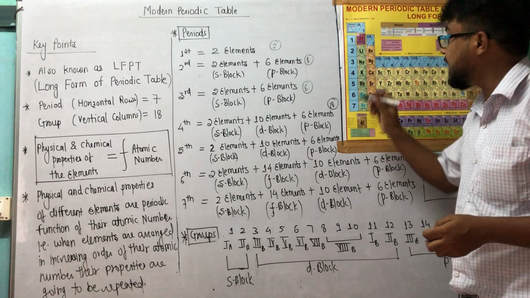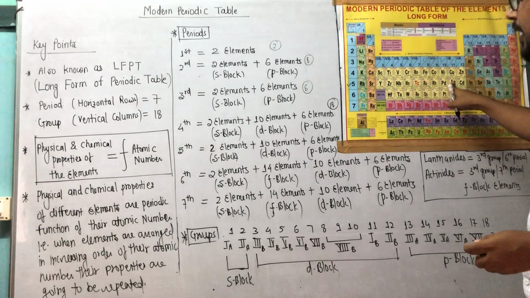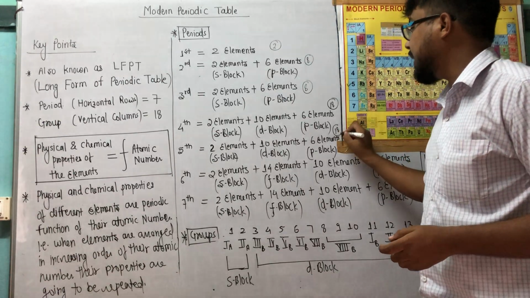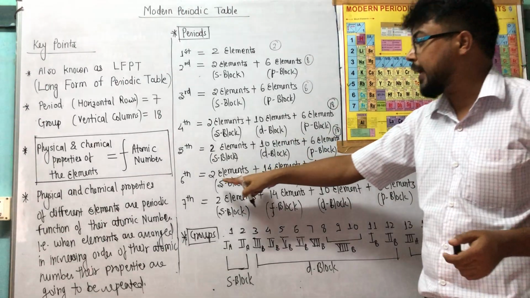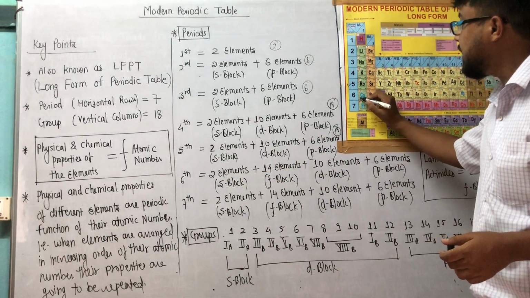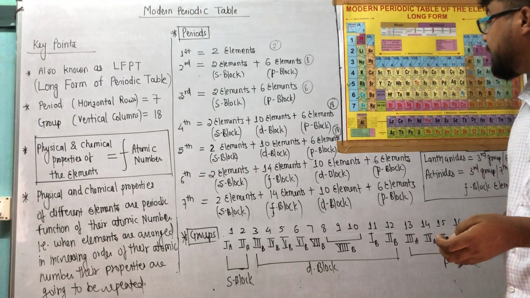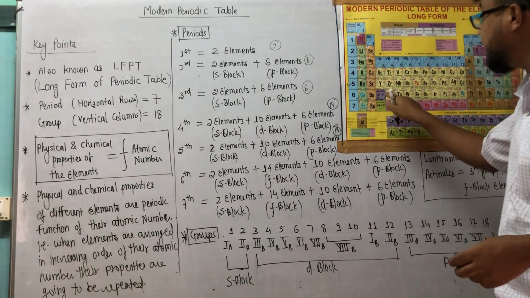Now for the fifth period, it is also the same: 2 from the S block, 10 from the D block and 6 from the P block, correct? So again it is 18. Now for the 6th and 7th, we count 2 elements from the S block, like cesium and barium, and 14 elements from the F block. This is the lanthanide series.